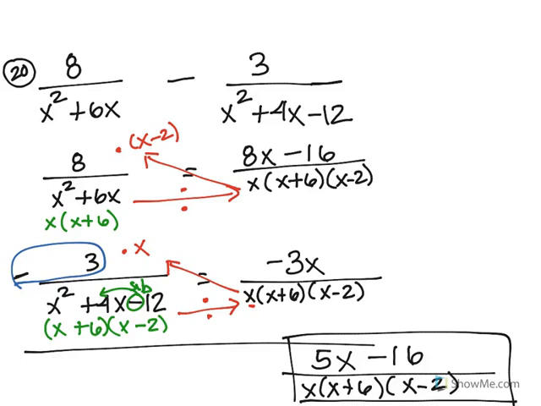And then negative 9 and 15 can reduce. They reduce by 3. So 3 will go into negative 9 a negative 3 times, and 3 will go into 15 5 times. So our final answer would be negative 3 times (3x plus 1) over 5x.